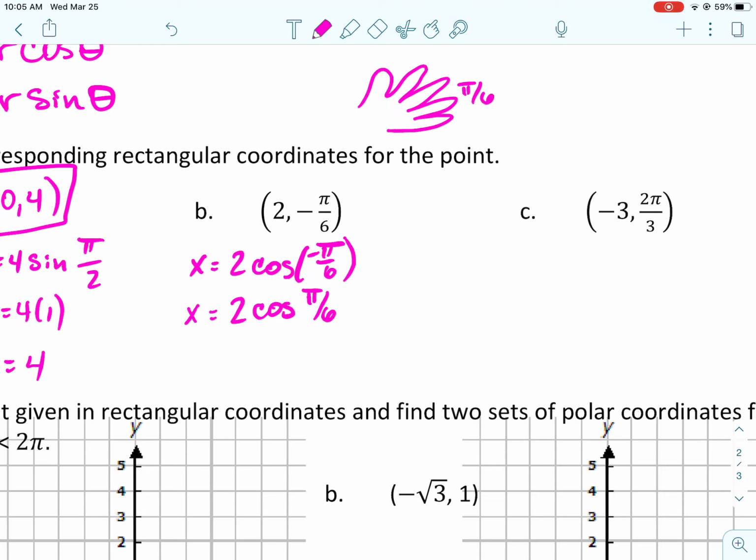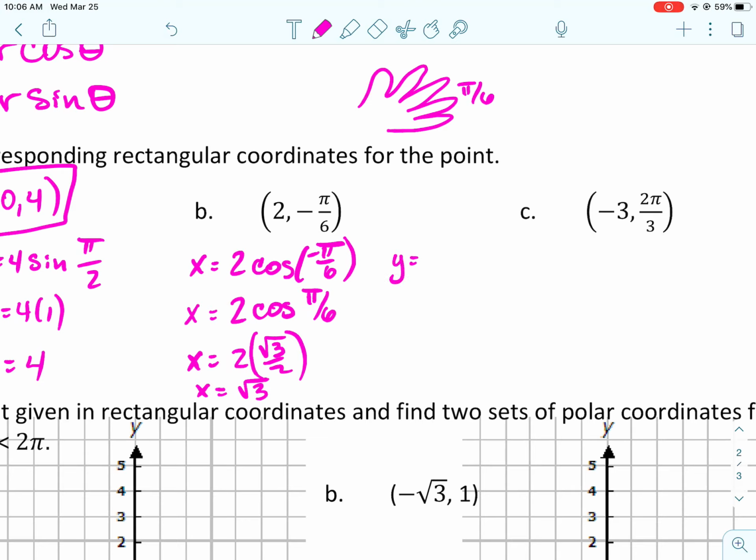All right, then if we want to find the cosine of pi over 6, we can use the hand trick. That is the pi over 6 finger. If we're going to do the cosine, it's going to be the square root of the top over 2.